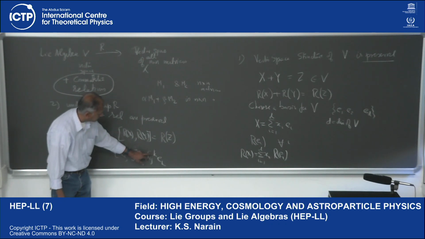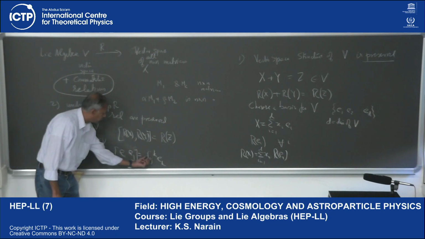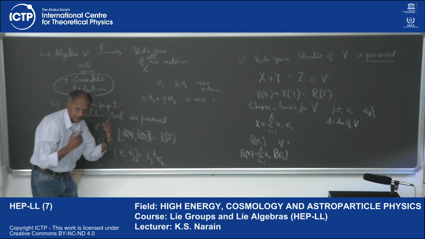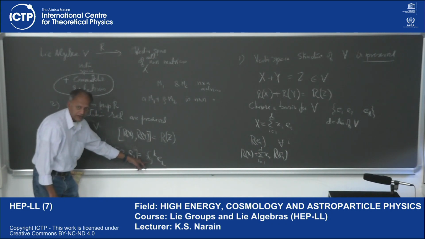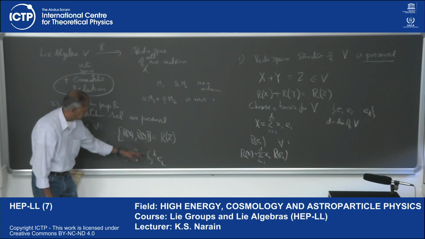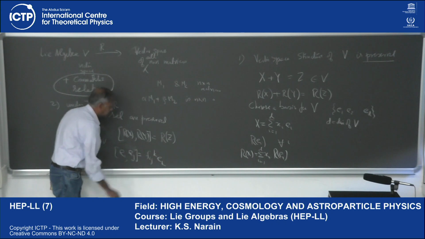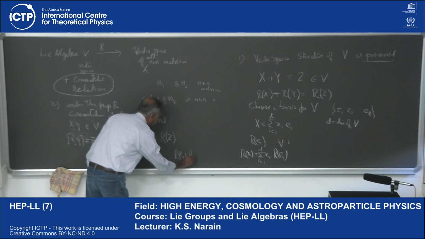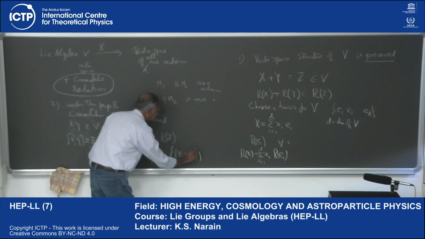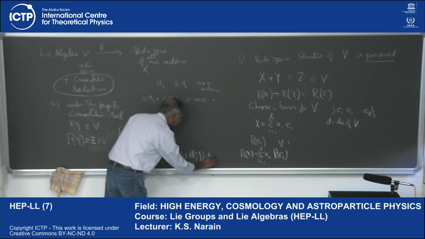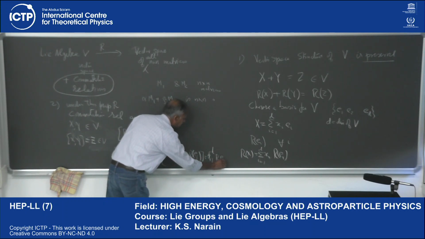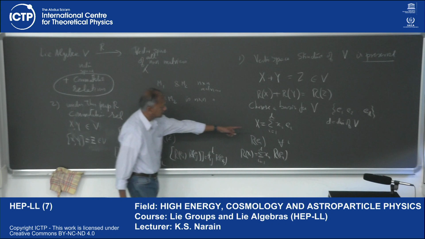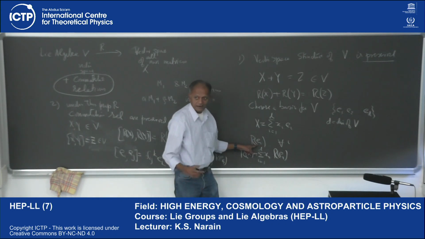And that coefficient I'm calling f. But since that coefficient will depend on which i and j you chose, I use those indices to remember that. So this is just a linear combination, and again, repeated index is summed over. So this condition tells me that R of E_i and R of E_j commutated must be equal to f_ijk R of E_k.